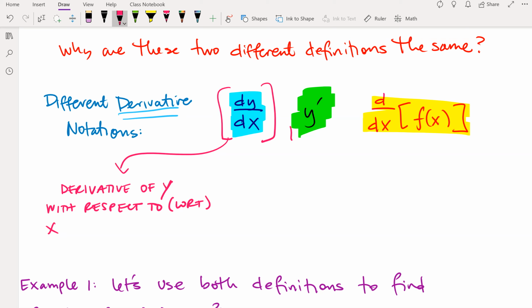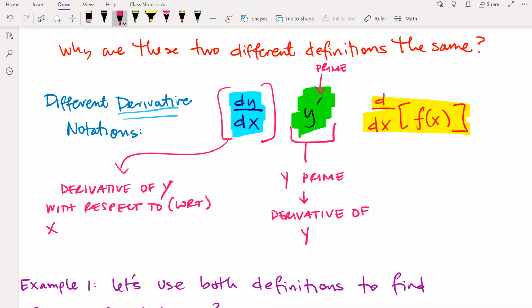All right, the way that you say this is y prime. And the little apostrophe is pronounced prime in calculus. We say y prime, and that just means the derivative of y. We don't know what variable it's with respect to, but we know that means to take the derivative of y.